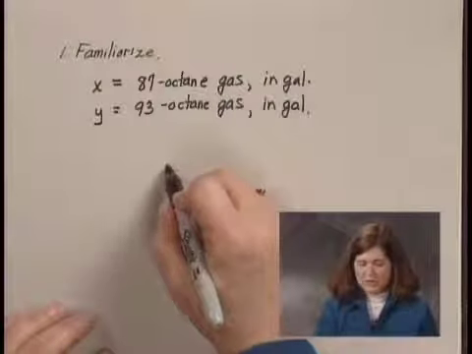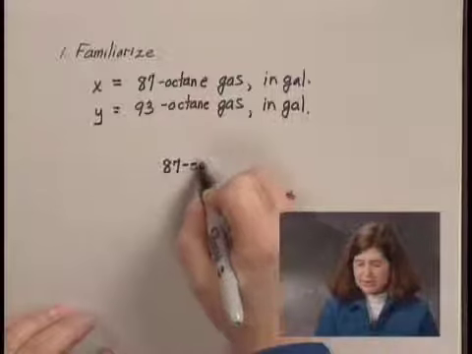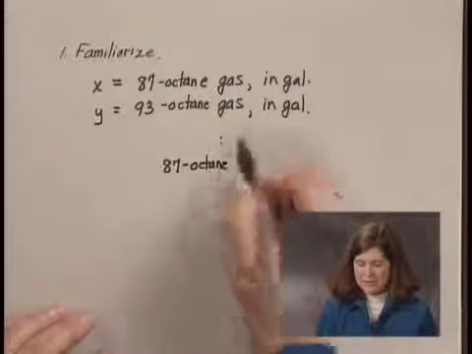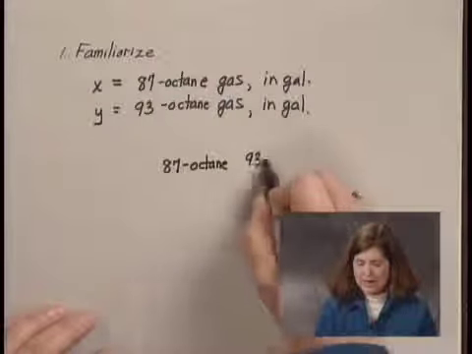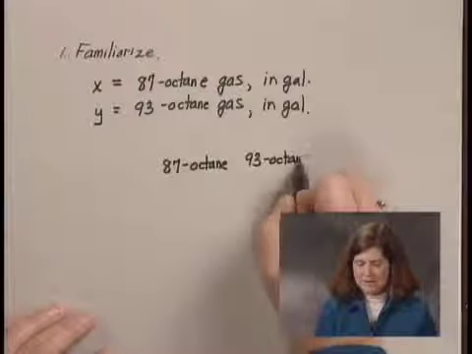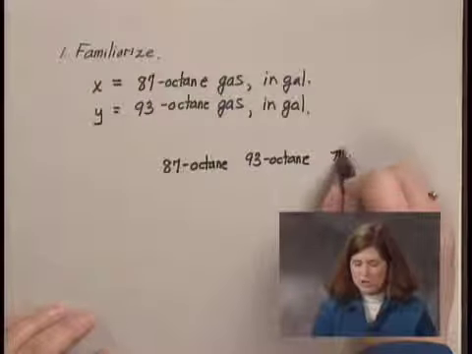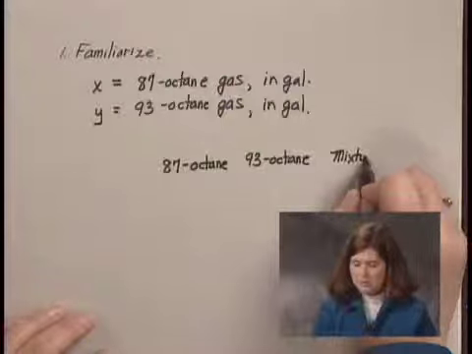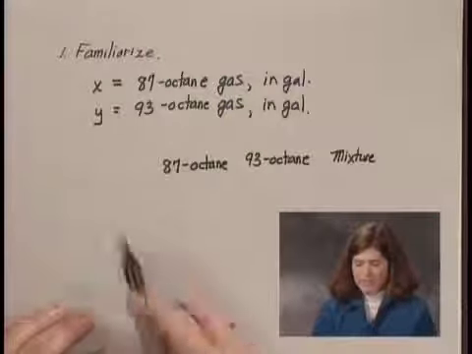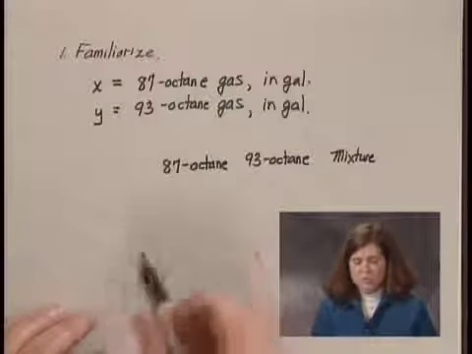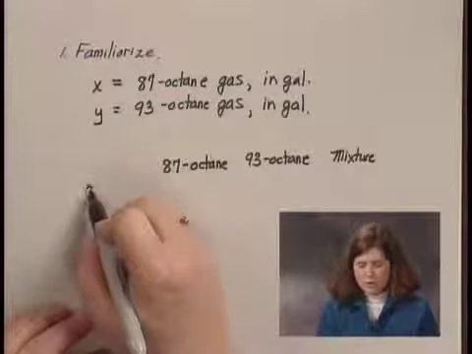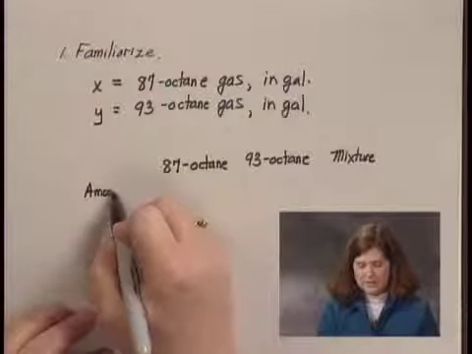We're dealing with 87 octane gas, 93 octane gas, and the mixture. In each row, in the first row, we'll look at the total amount, or the amount in gallons of the gasoline.